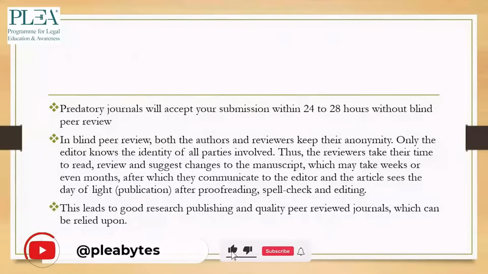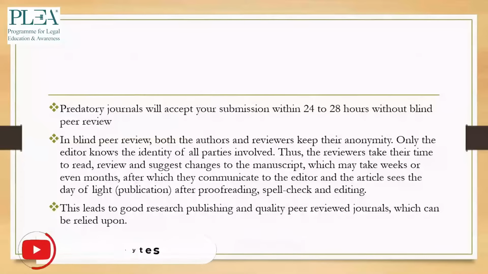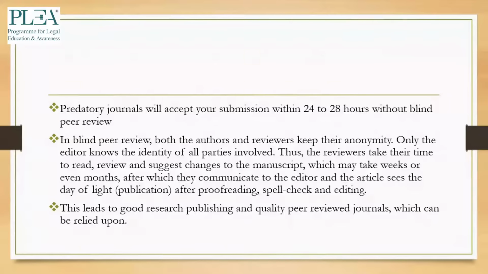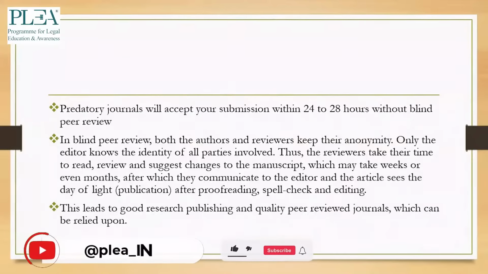After proofreading, spell check, and editing, that particular research paper gets published. Hence, always publish with good research journals, always publish with research journals who are following this blind peer review process. This leads to good research publishing, good quality peer reviewed journals, which can be relied upon. The data in such journals can be relied upon. You can trust them for their authenticity.